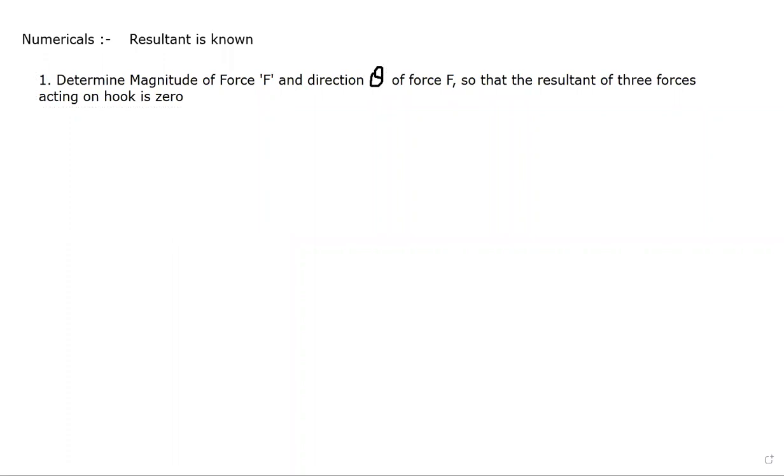Determine the magnitude of force F and the direction theta of force F so that the resultant of three forces acting on hook is 0. So the resultant of the three forces is given as 0.